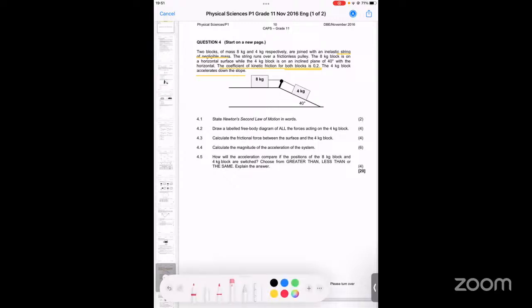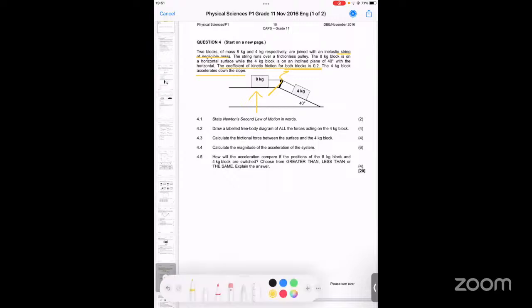The hint that I can give you is that you cut it there, then you formulate for that 8 kg by making T the subject of the formula, because we know that the tension on the 8 and the tension on the 4 is the same. It just acts in opposite directions.